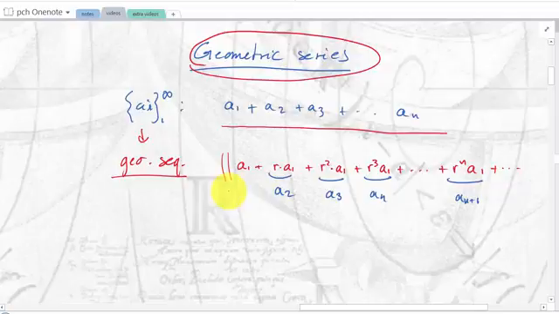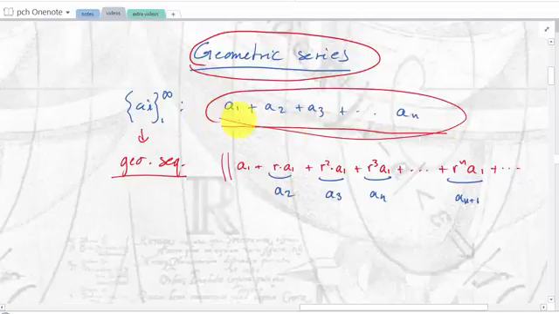For now, let's try to understand what an infinite sum is. To understand infinite sums, I'm going to be looking at 3 concrete examples. The first one, when I add 1 with itself an infinite number of times.